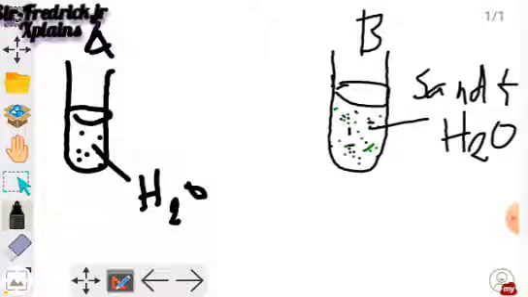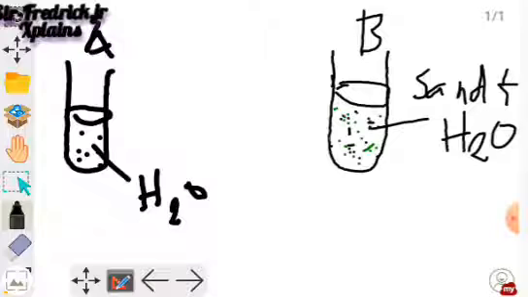So in science, the substance that exists in its one element is called a pure substance. So in this case, beaker A contains water only, it's a pure substance. And in beaker B, there is sand and water, which is a mixture.